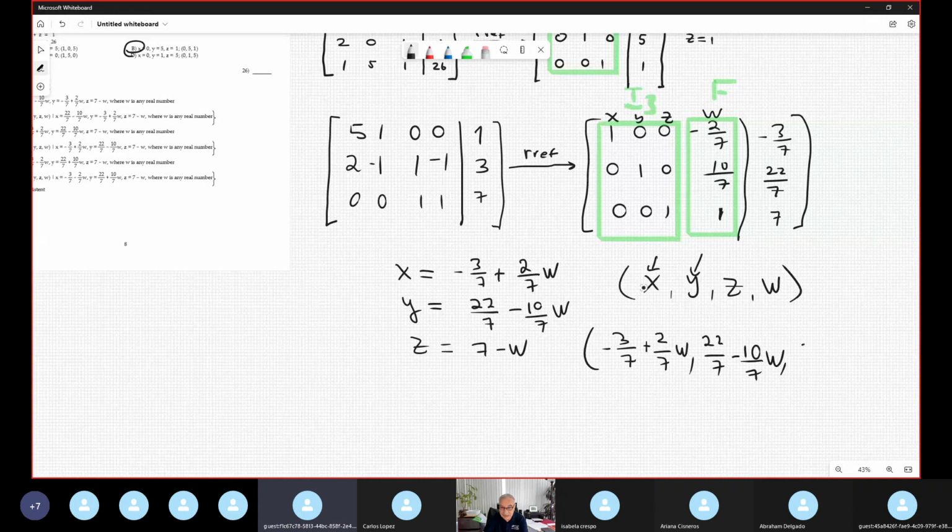And z is 7 minus w, and w is w, que es the only free variable. That means que our solution set is a line because we have only one free variable. It's a line, it's a hyperline.